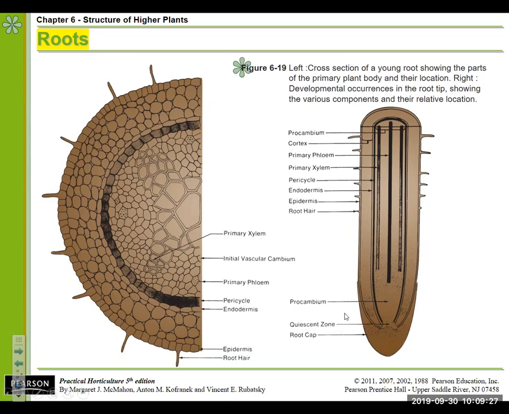You can also see here that in the roots we have what they label as the quiescent zone, and behind that quiescent zone is the actual meristematic region of the roots, where the cells are actively dividing, some of those being told to become the root cap. The root cap is what is pushing that primary root through the soil.